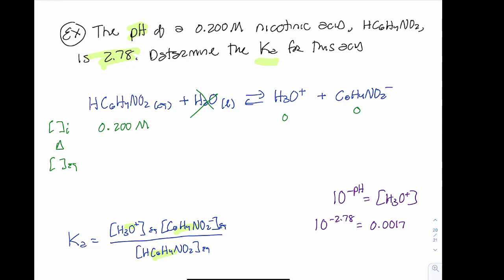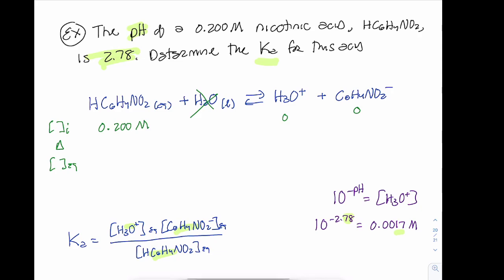My calculator comes out to 0.001659. I do only want two significant digits. Remember, 2.78 is a log value, so only digits after the decimal point count. So this is only two significant digits. So I do only want two here in my answer. I do need to put some units on there because that is my hydronium ion concentration.